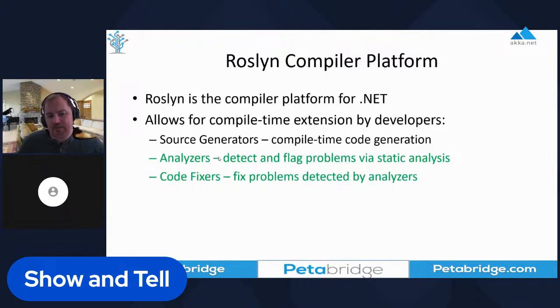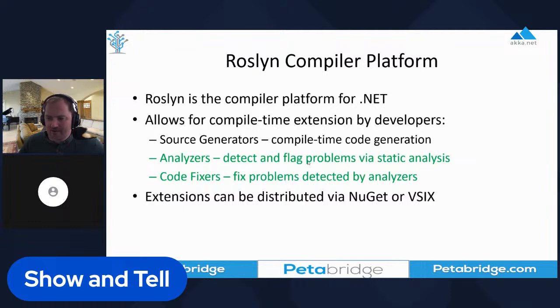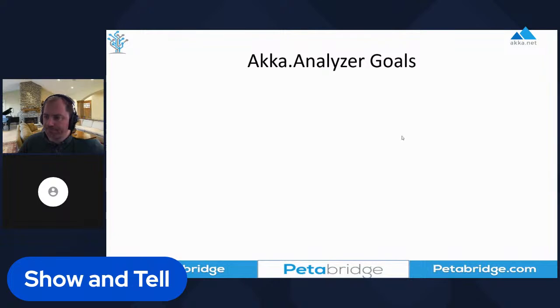So we're shipping a combination of analyzers and code fixes inside Akka.Analyzers. Now, these can be distributed either as a NuGet package, which is what we've done, or as a Visual Studio extension. We opted to go the NuGet route. That way, all of them could get consumed transitively by any users of Akka.NET going forward.